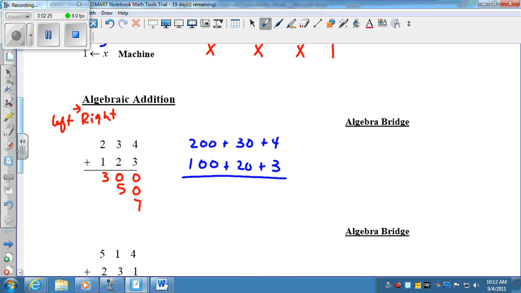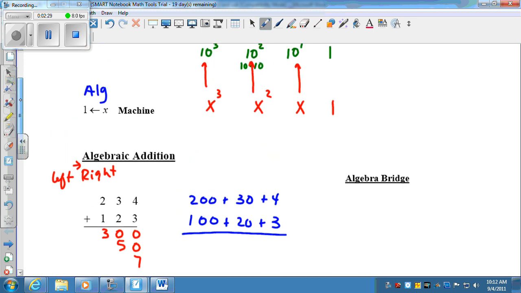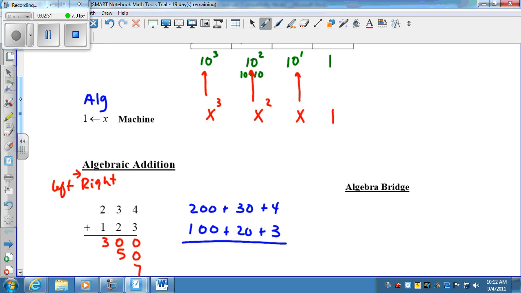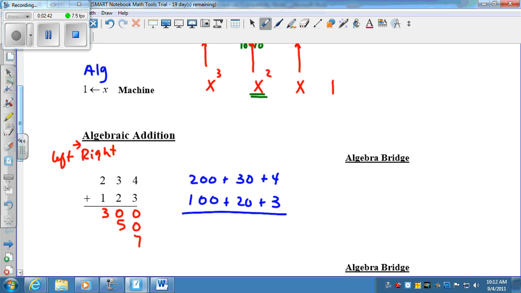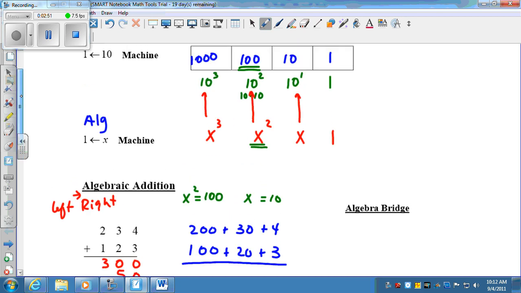Well, what we're going to do is we're going to bridge to algebra. If I go up here again and look, every 100 is an x squared. So if I'm in my base 10, I have 100. But if I want to go to algebra, I'm going to write that as x squared. So x squared is going to be equal to 100, and x is going to be equal to 10. And we can see that again from our little table here, that x is equal to 10.